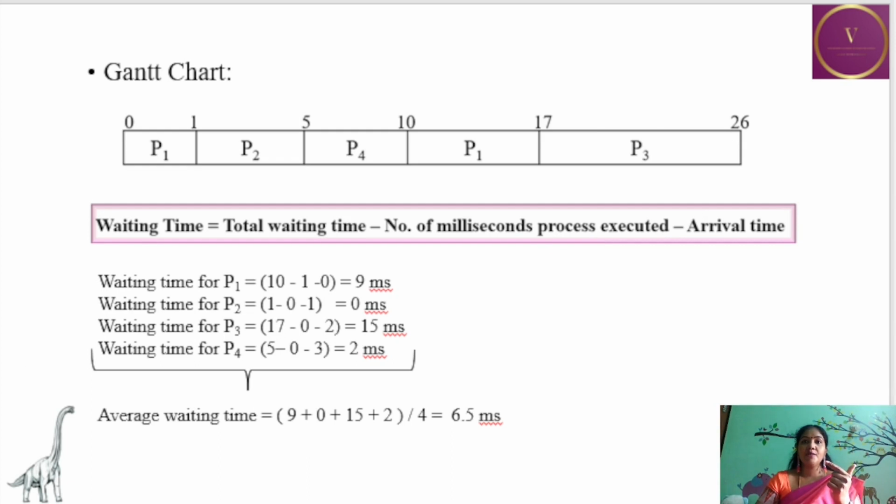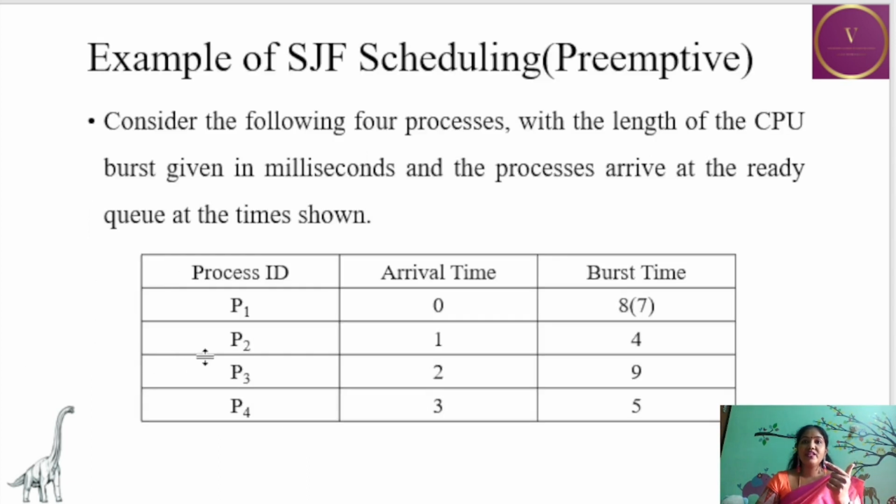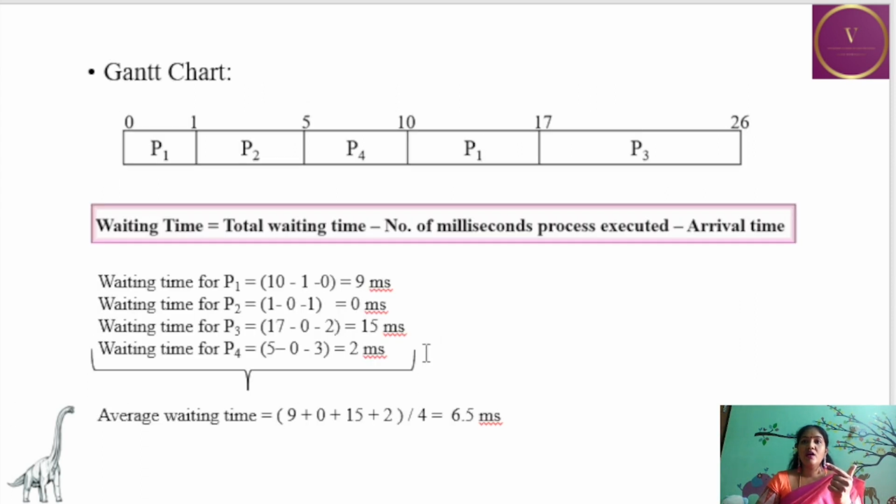When did process P3 come? It came in the second millisecond. Okay, so minus 2. So 17 minus 0 minus 2, totally the waiting time for P3 is 15 milliseconds.